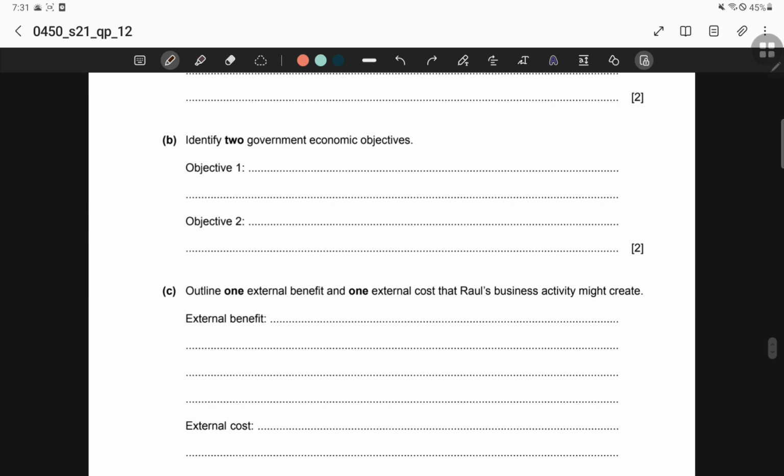Okay. Part B, identify 2 government economic objectives. So there are lower unemployment rates, that's an economic objective. Low inflation.